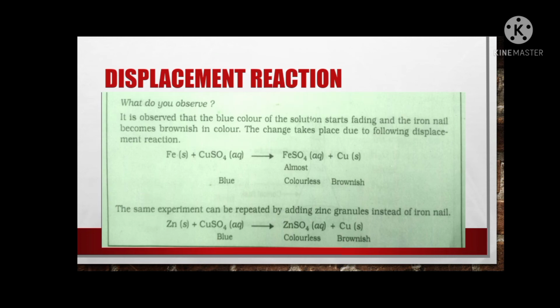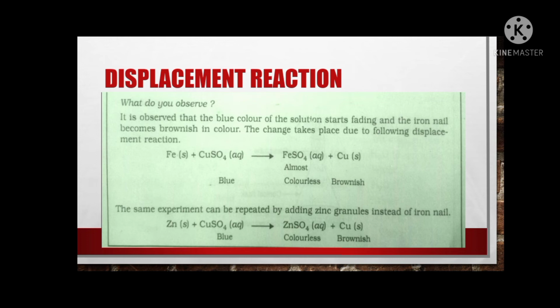After performing the activity, what do you observe? You can see that iron, when reacting with the copper sulfate solution, becomes ferrous sulfate with the liberation of copper. So iron replaces the copper here.